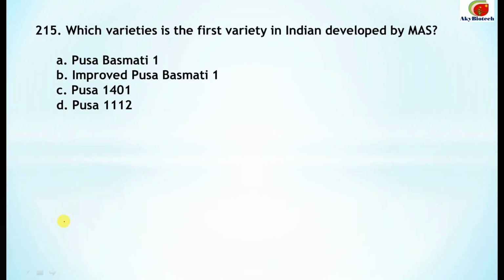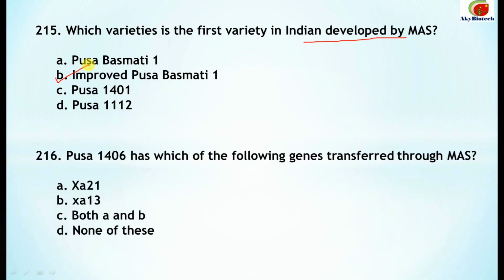Then coming up with the next question, that is number 215. Which variety is the first variety in India developed by MAS? This is also an important question. It is improved PB1, improved Pusa Basmati 1. Earlier a question was there previously, that is for the bacterial blight resistance gene. 216.